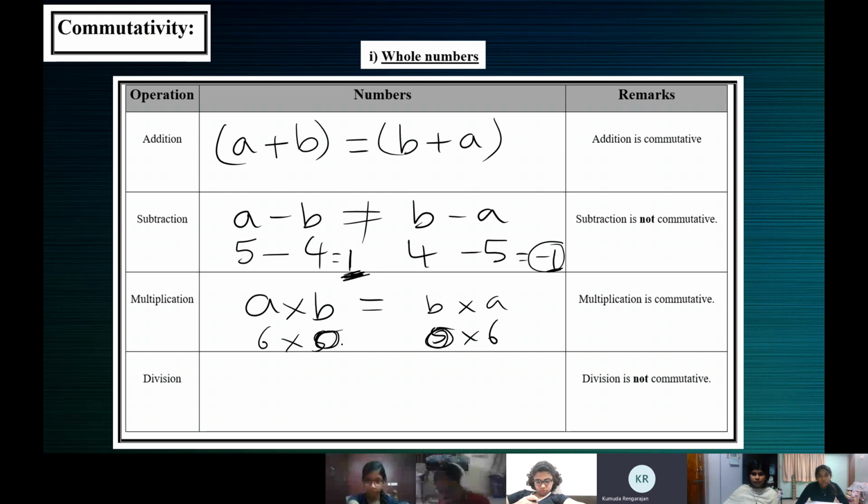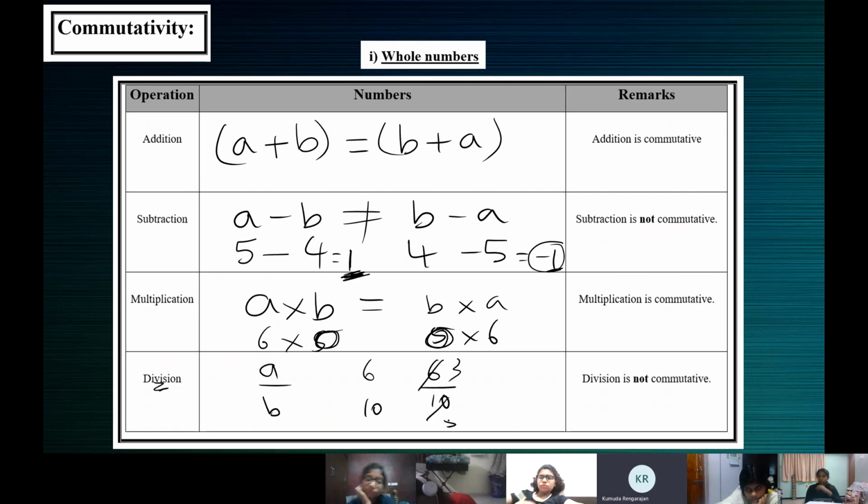Are whole numbers commutative under division? Let's check. Take two whole numbers A and B, like 6 and 10. Commutative means you divide them in any order, that is A by B or B by A. When you do A by B, 6 by 10 is 3 by 5.